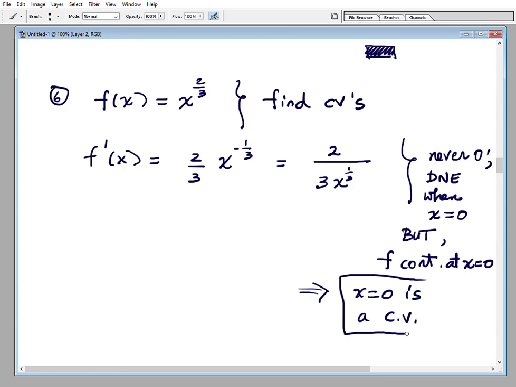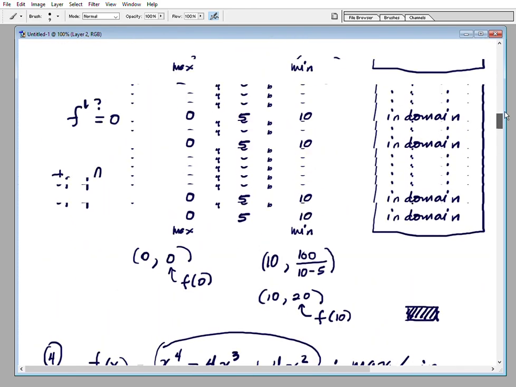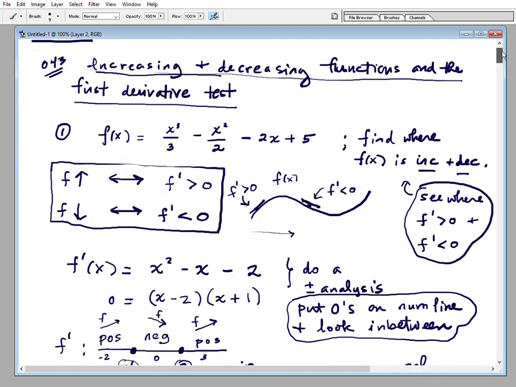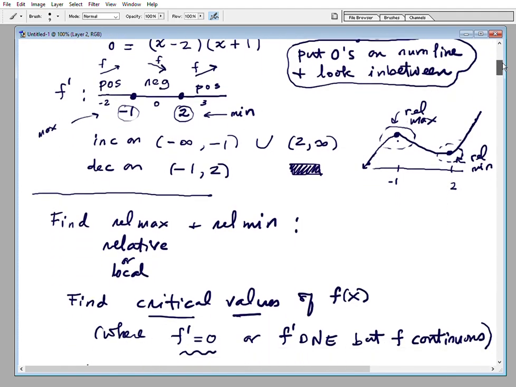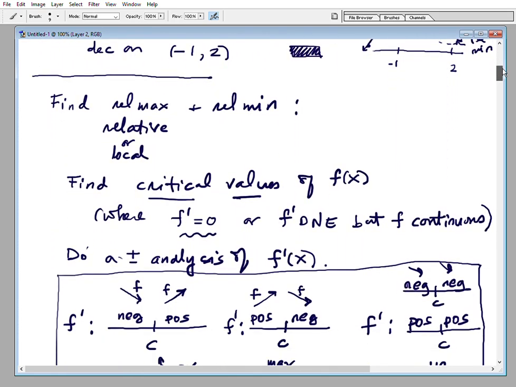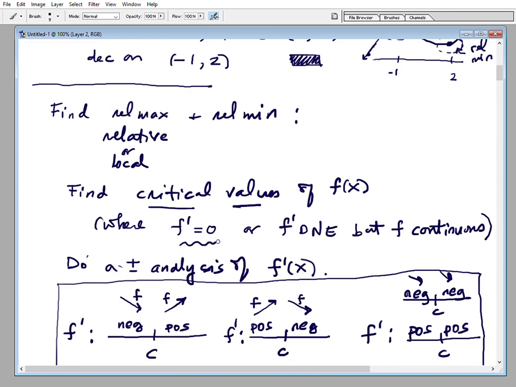Let me just scroll back up for a second to the definition of a critical value. Critical value: f prime equal to 0, or f prime does not exist but f continuous. So this is the second type that we don't come across very often.